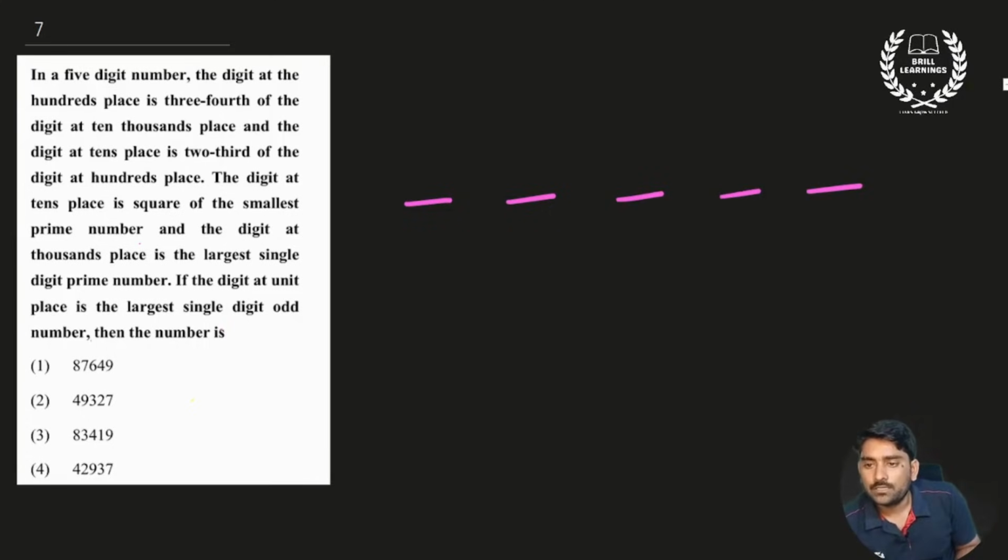What is the first condition? The digit at the 100th place is 3/4 of the digit at the 10,000th place. So whatever the digit we have here, it should be 3/4 of the digit at this 10,000th place. That means cross check the option first.